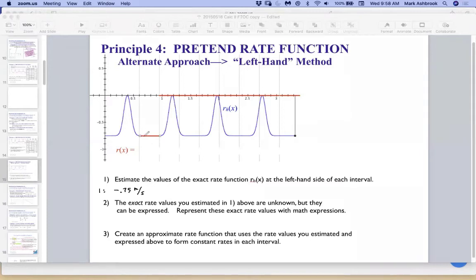And so then I let that be the constant rate for the whole interval. Okay, how about the next interval? So looking at the next interval from 1.95 to 1.3, what is the actual rate at the left side of that interval?